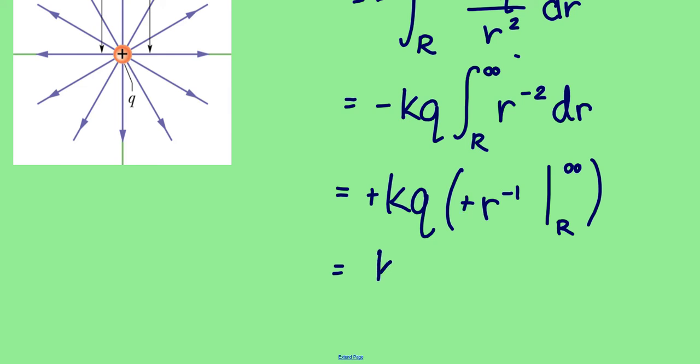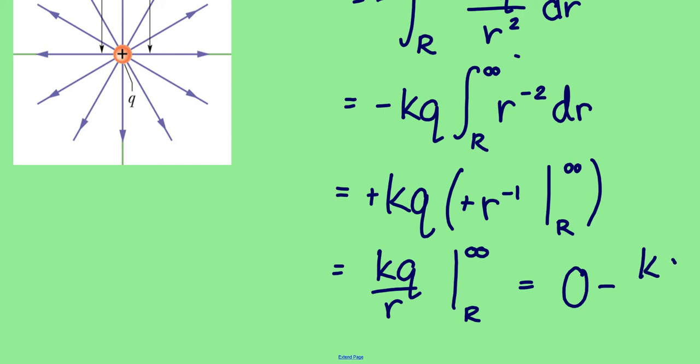I'm left with the expression KQ over R, evaluated between capital R and infinity. And we know that we plug in infinity first, and then we plug in R. When we plug in infinity, I get an expression over infinity, which is basically 0, minus what I get when I plug in capital R, which is KQ over capital R.